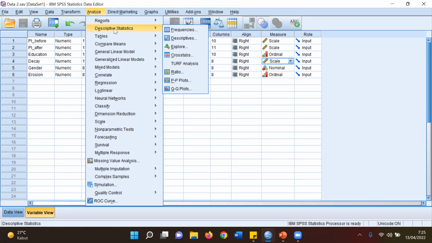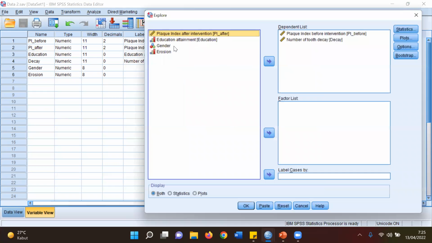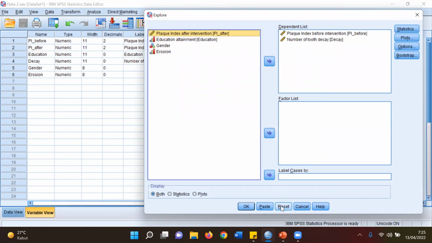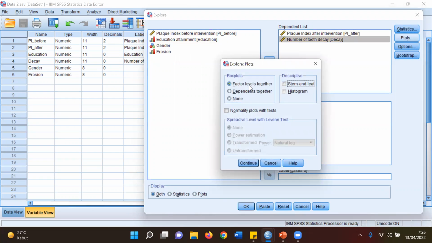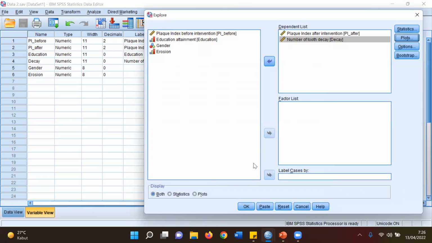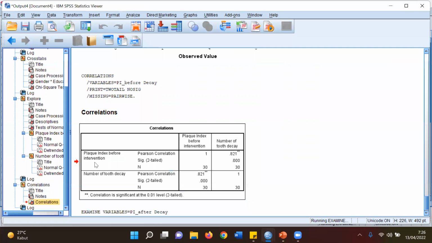You click Analyze, then Descriptive Statistics, and then Explore. Go to Reset again. We want to know whether the plaque index after and the tooth decay are normally distributed or not. Click Plots, unclick the stem and leaf, box plot of none, and check normality plots with tests. And then Continue, and then OK.